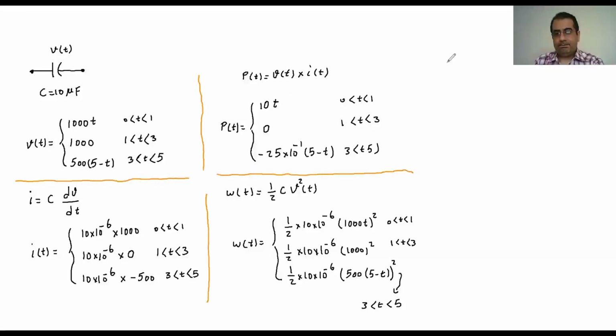So if you have the V, try to draw it here.